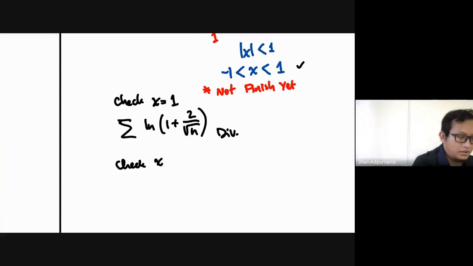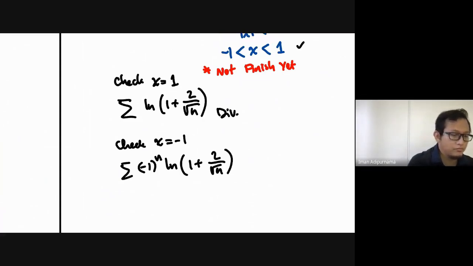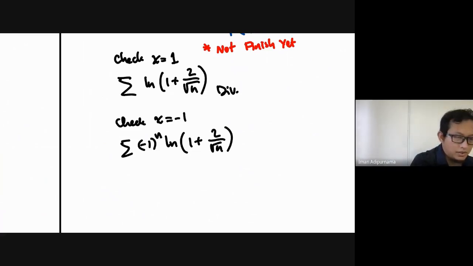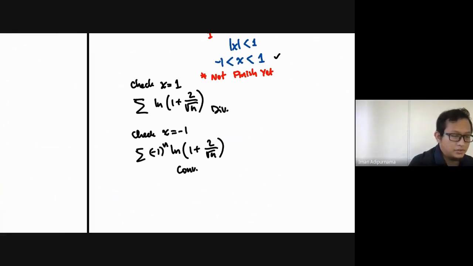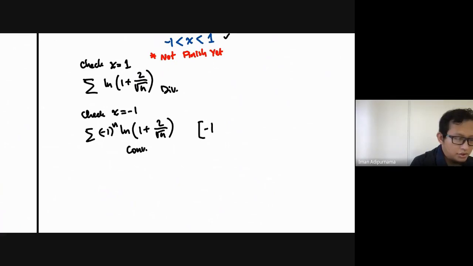And check x equal -1, and this becomes convergent, right? By the alternating series test. So the answer will be including -1 but excluding 1.